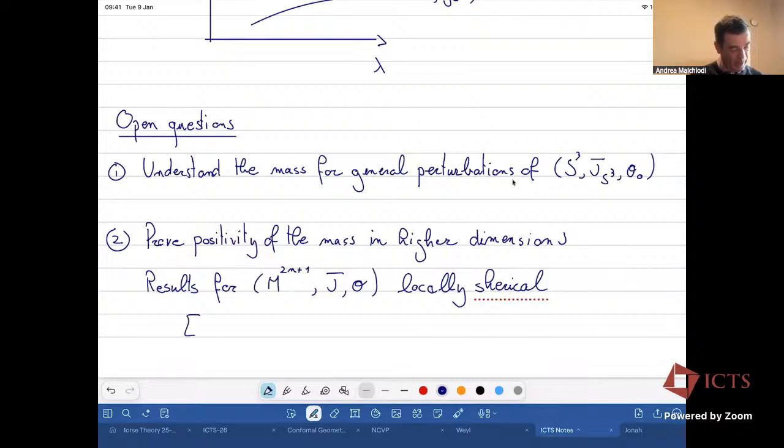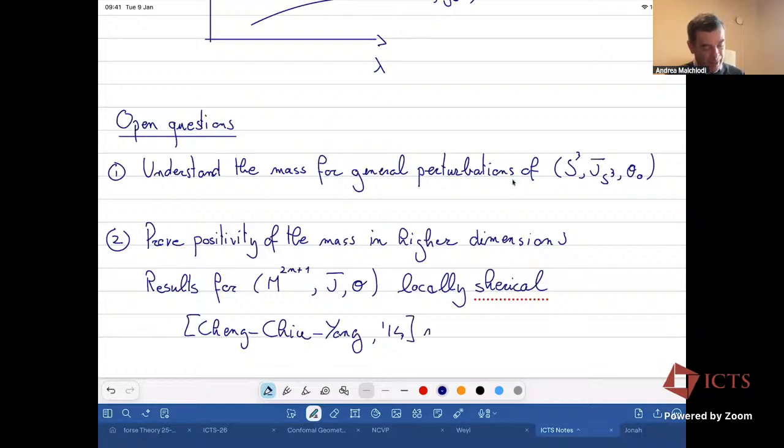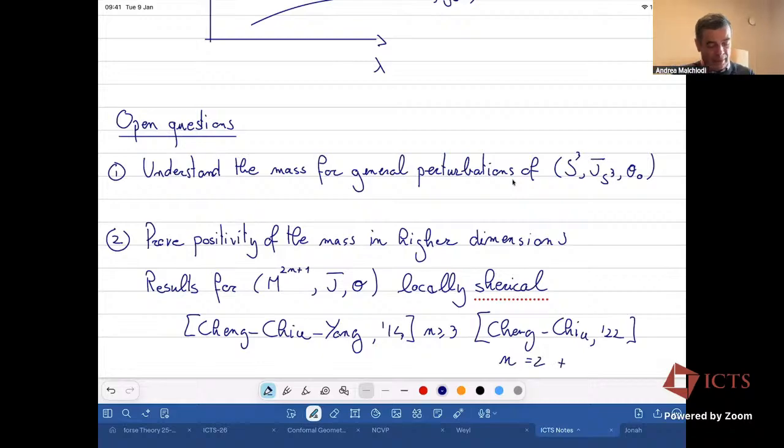So I can mention results by Cheng, Chiu, and Yang in 2014. So this is for n greater or equal to 3. And Cheng and Chiu in 2022, n equal to 2 plus spin structure.